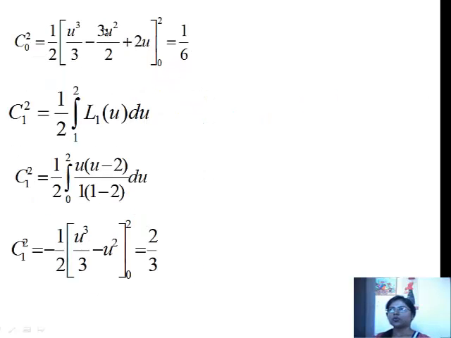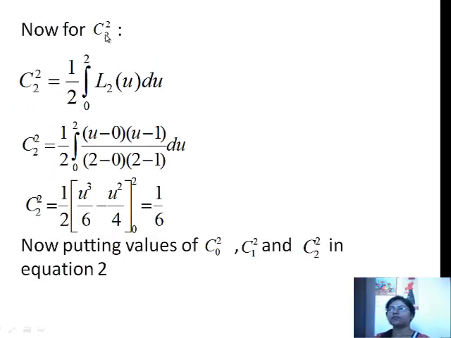Now c0 square, on solving and putting in the limits 0 and 2, equals 1 by 6. Similarly, if we solve c1 square, we get 2 by 3, and for c2 square we get 1 by 6.